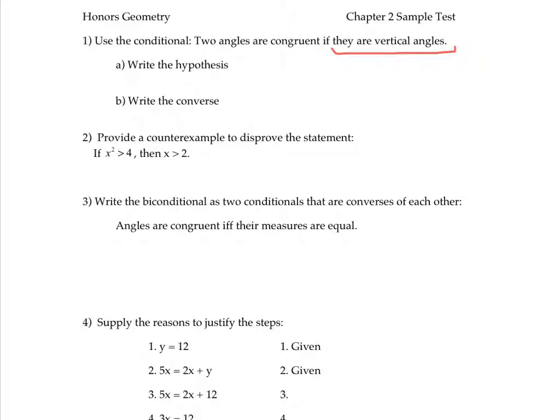Remember that we usually see if P, then Q. The hypothesis is P, but recall that we can also write things Q if P. And so our hypothesis in this case is two angles are vertical angles, or they are vertical angles.